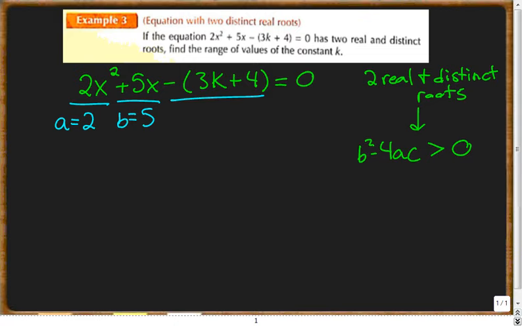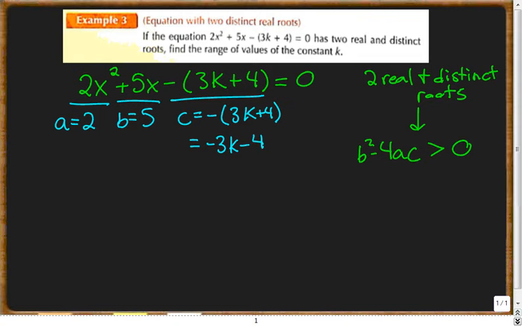We want to make sure that we calculate this the right way. c is negative the quantity 3k plus 4. If you want, you can simplify it, but you can leave it like this too. You could say that it's the same thing as negative 3k minus 4. That could be useful to you, but so long as you follow the order of operations and you are detailed in your notes, there shouldn't be an issue regardless of which one you decide.